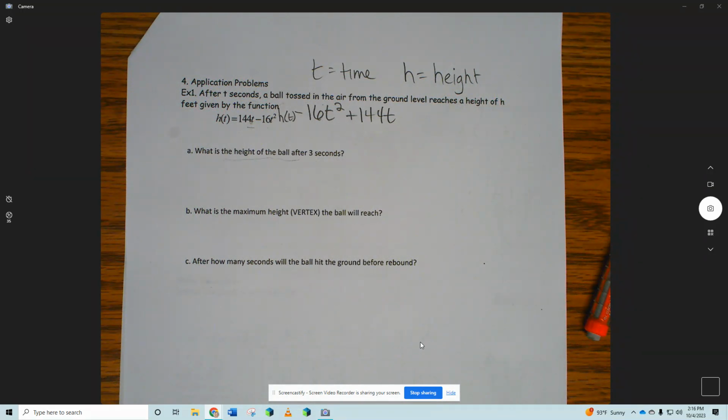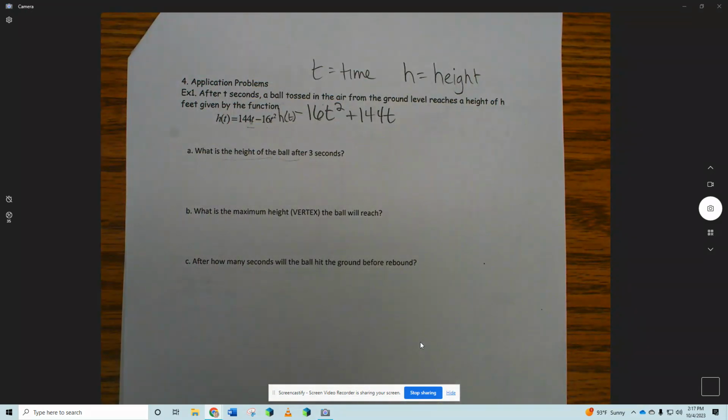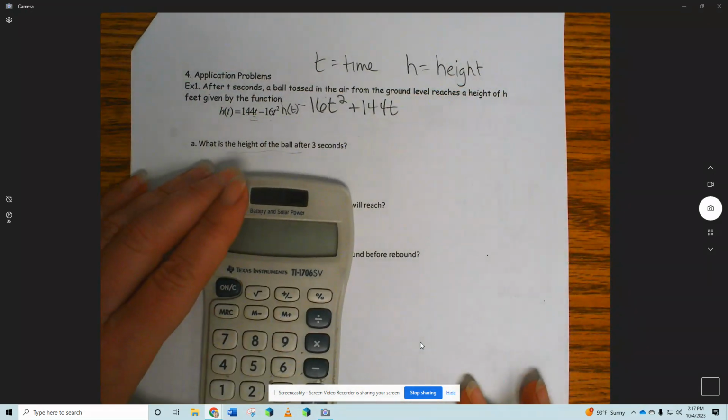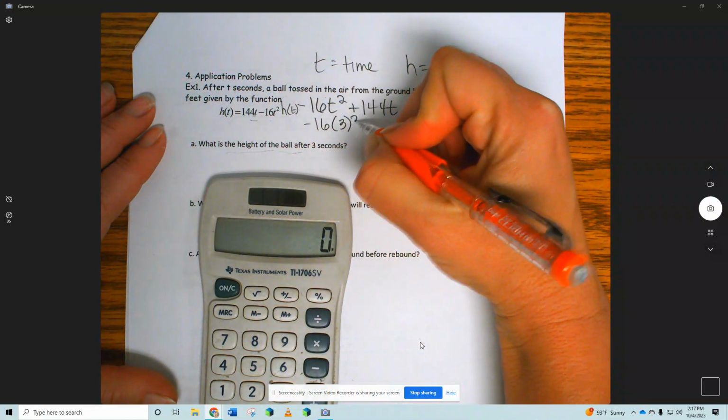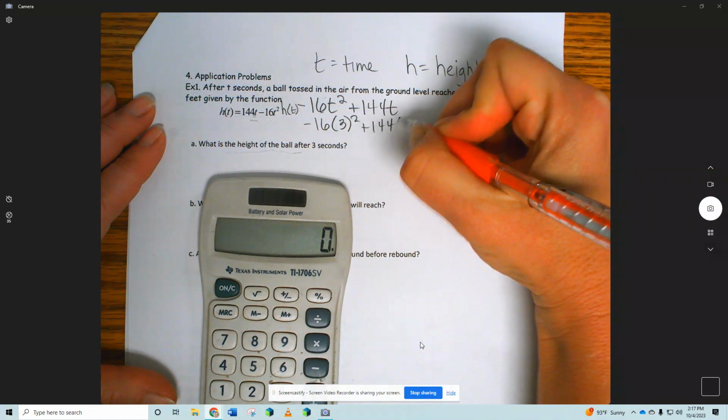Yeah? Plug in the 3. Isn't t time? And they said 3 seconds goes by. So plug it in. Negative 16, 3 squared, plus 144 times 3.